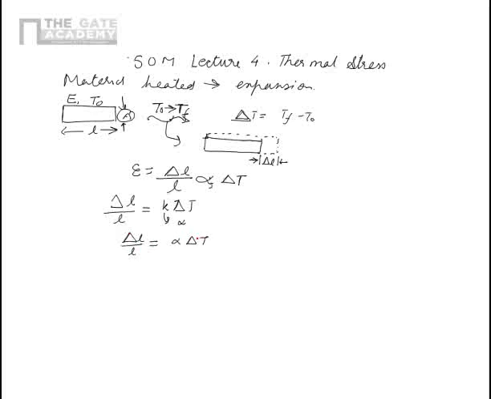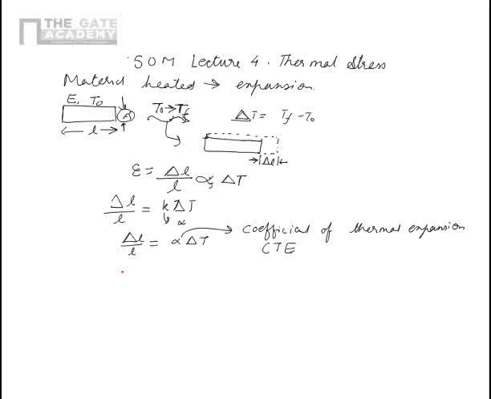This constant is known as the coefficient of thermal expansion, and it is also abbreviated as CTE. It's coefficient of thermal expansion: C for coefficient, T for thermal, E for expansion.